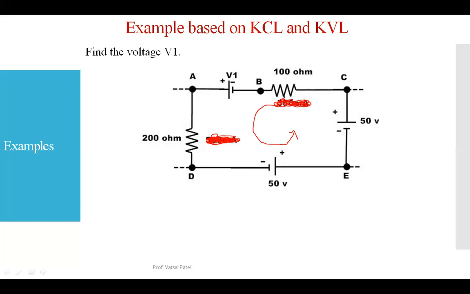I'm just applying the anti-clockwise direction here. So if I assign the polarity plus minus here, can I identify the value of current flowing? As you don't know the value of V1, you cannot identify the current easily, and that's why the current value is given here.